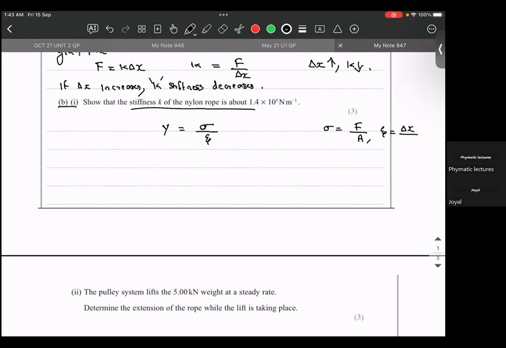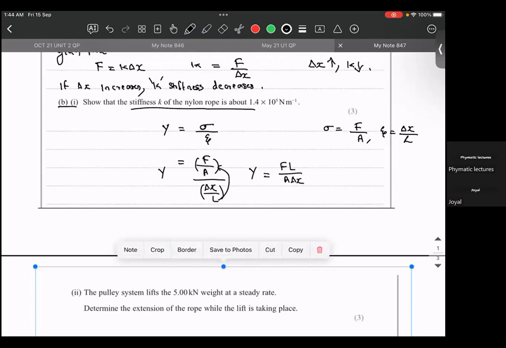It is delta X by the original length, that is capital L. So the strain is delta X over L. So here you can plug these values: F over A divided by delta X over L. That is Young's modulus. If you rearrange this, L will go to the numerator: F times L divided by A times delta X is the value of the Young's modulus.